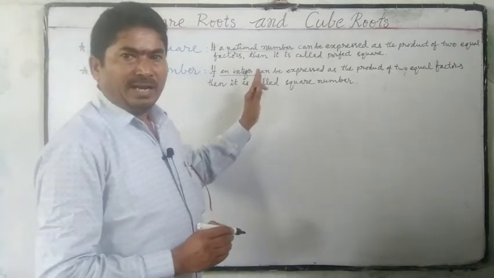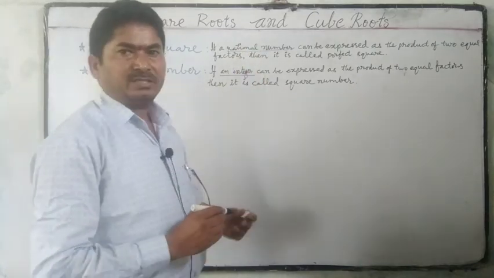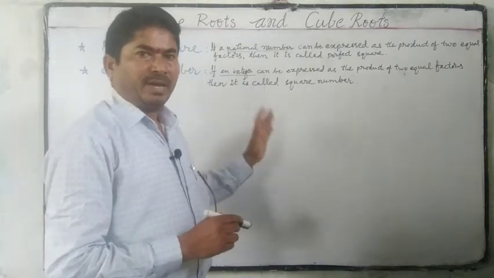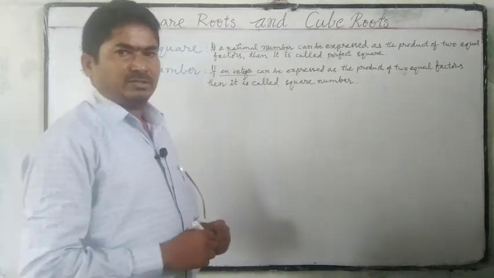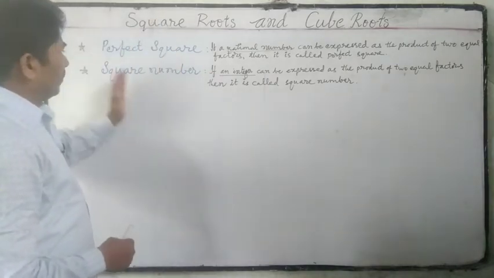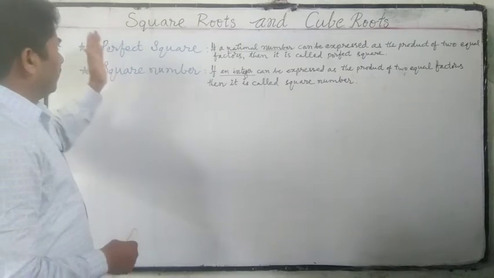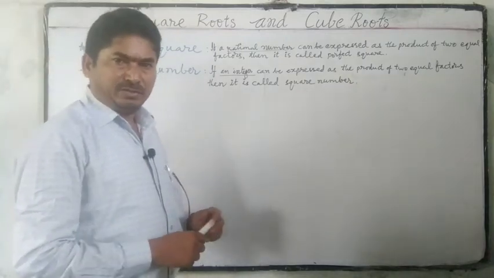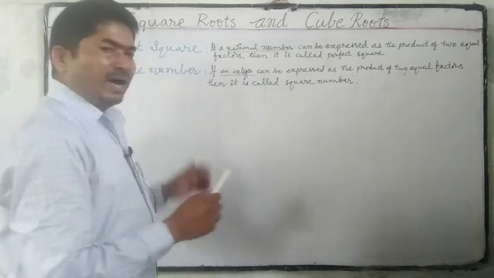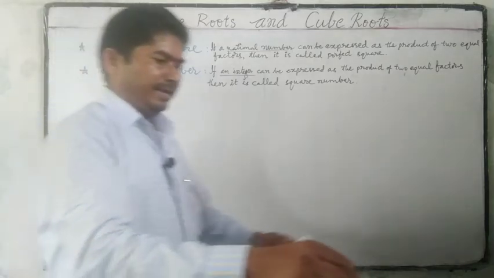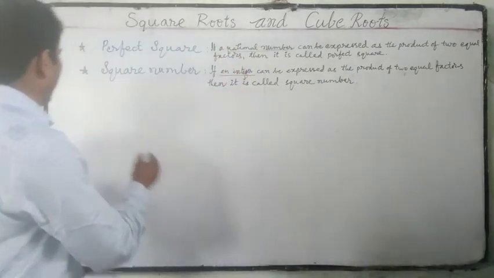We know all integers are rational numbers, but all rational numbers may or may not be integers. That's why all square numbers are perfect square numbers, but all perfect square numbers may or may not be square numbers. Let us take an example.